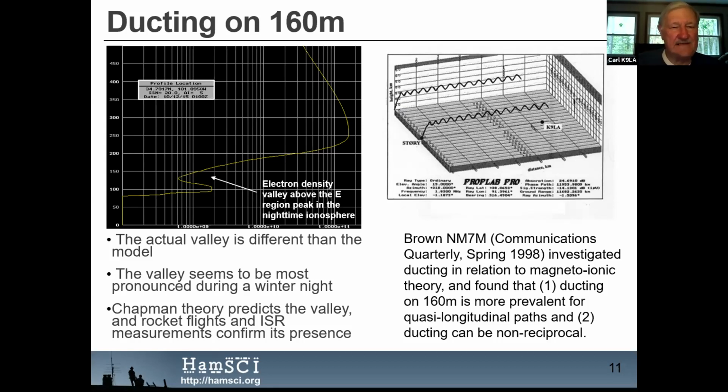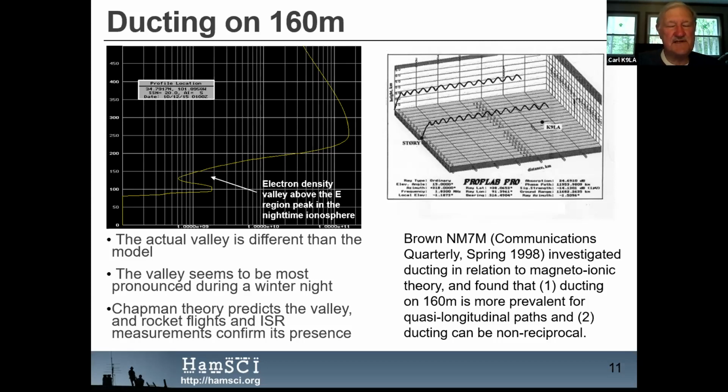And there's a valley that the 160 meter RF can refract from, between the top of the E region and the lower F region. So there's a ray trace of ducting on 160. That comes from the DOS version because it's a great example.